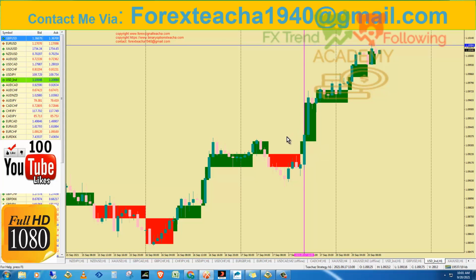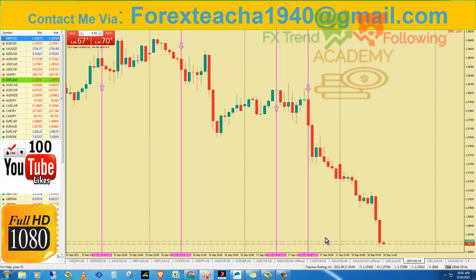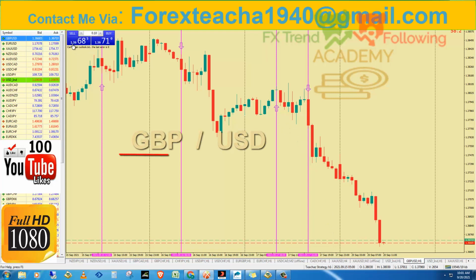We all know how to trade. If you are trading pound US dollar, the pound is on the left side, so we only follow what is on the left. If the currency on the left is strong, we are buying. If the currency on the left is weak, we are selling.